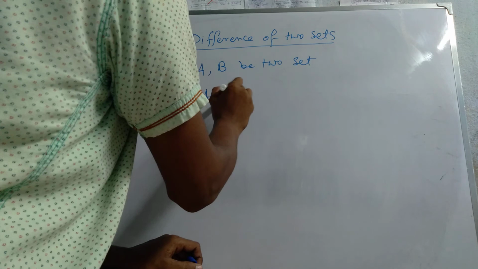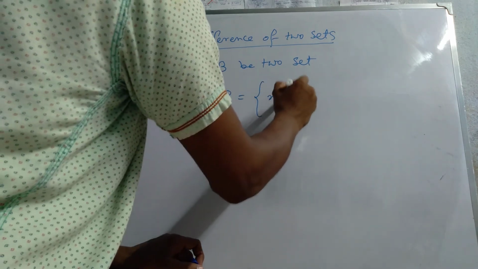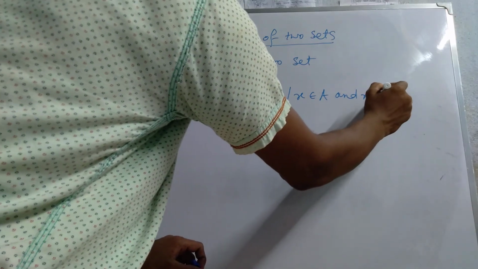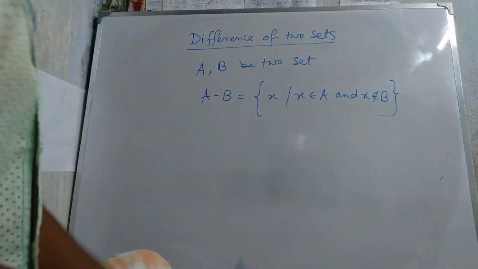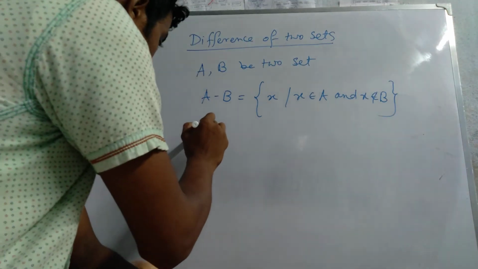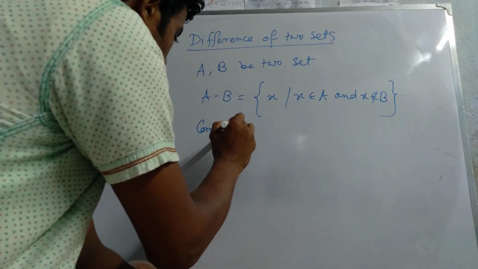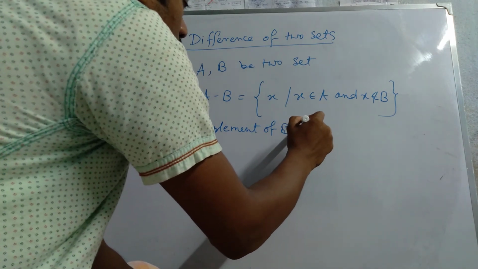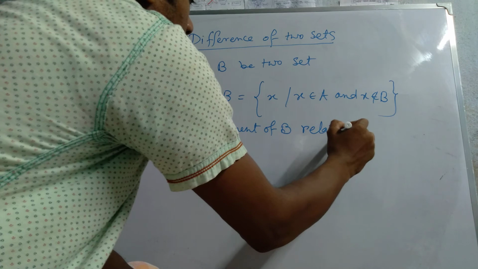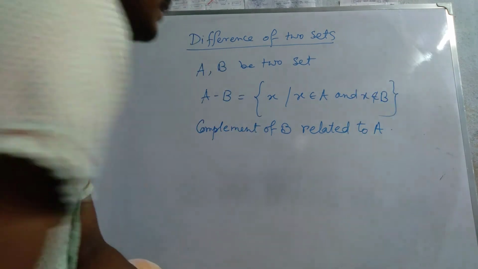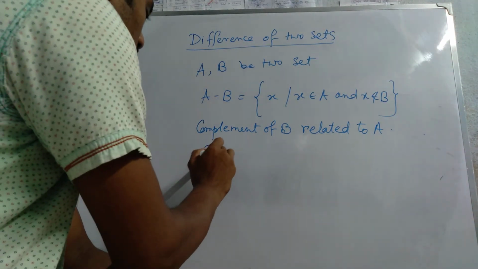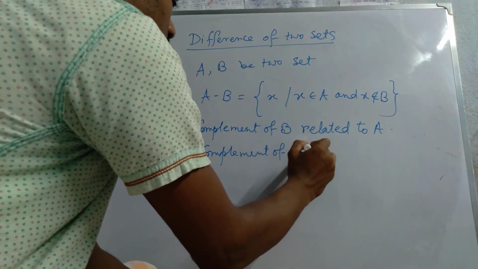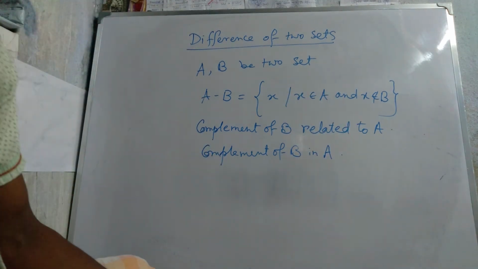A difference B equals those x such that x belongs to A and x does not belong to B. That means the complement of B in A, or the complement of B with respect to A.